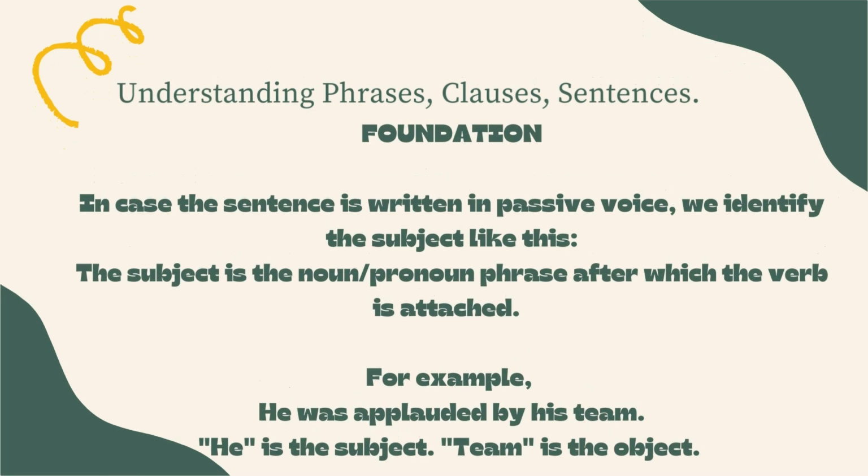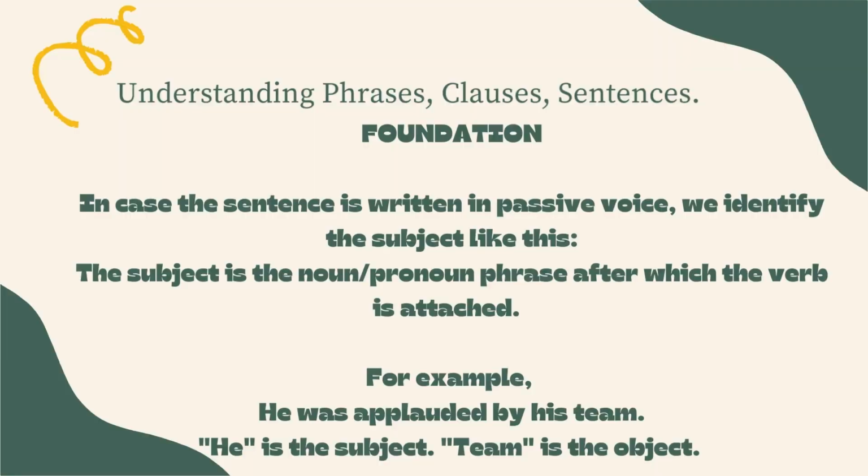That is why it is called a passive voice, because we do not really know the agent, we do not really know the performer of the action. We just know that, okay, this is being performed by somebody. For example, in the sentence, "he was applauded by his team," he is the subject and team is the object.